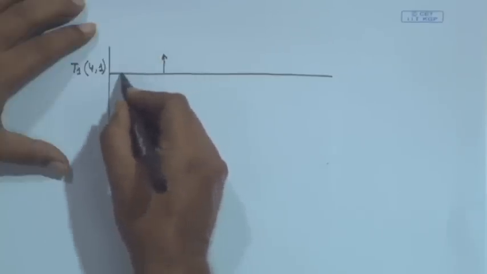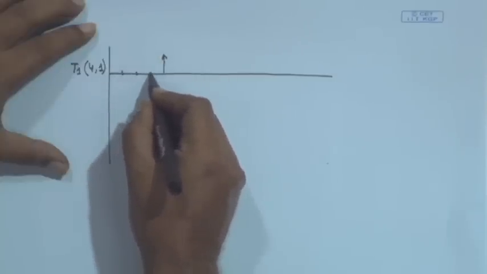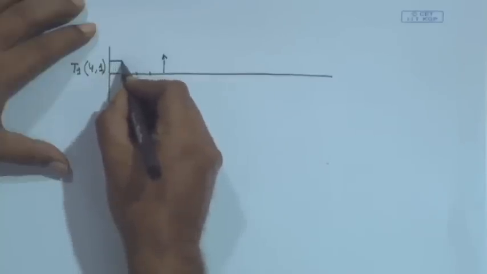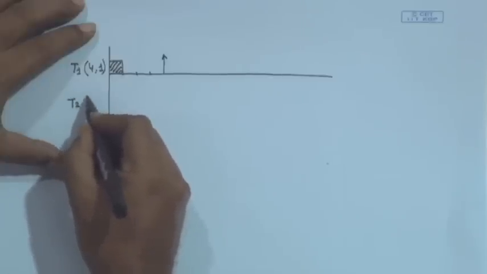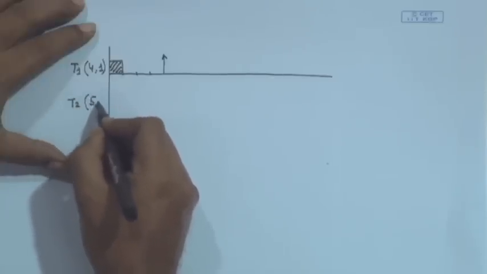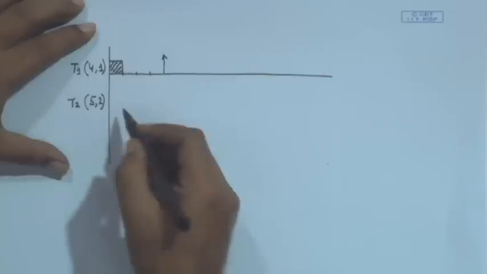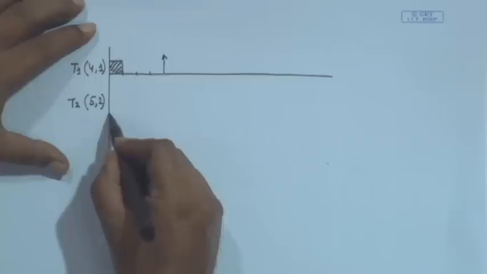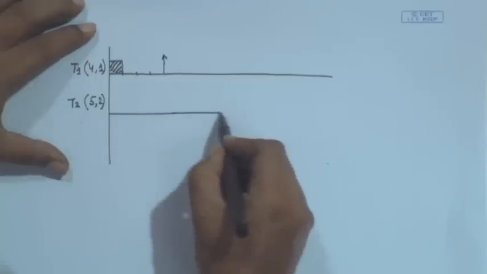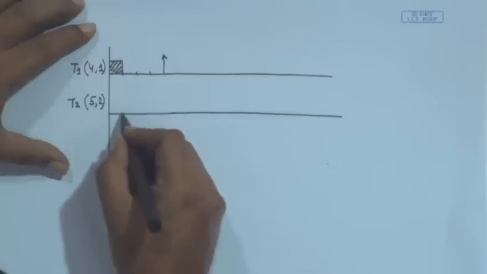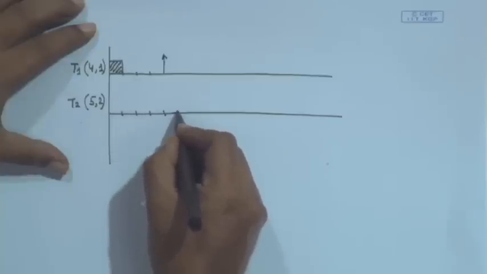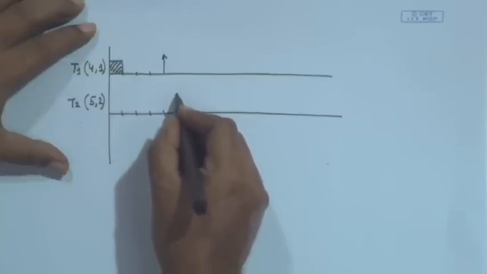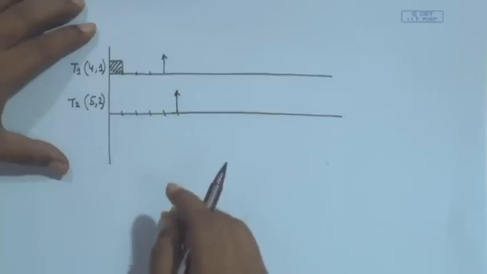This is 1, 2, 3, 4. Now, this task has finished here, and task T2, which was having 5, 2, was waiting here. Again 1, 2, 3, 4, 5, it will again appear here, task 2.